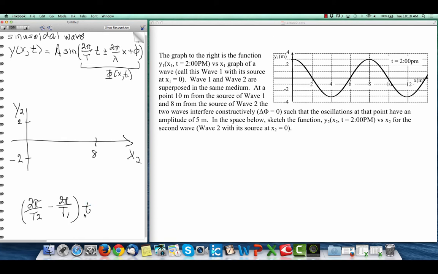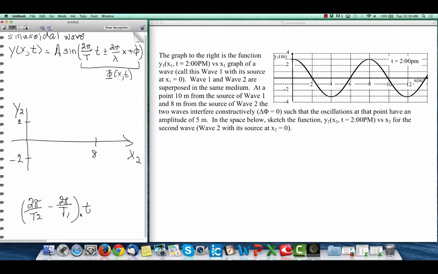Look at what happens to this piece of the phase chart. The difference between those two pieces will be a number that isn't 0 if they have different periods. If this isn't 0, then the difference in the phase is going to depend on time. That means sometimes it'll be constructive, sometimes destructive, later on constructive again, later on destructive. If it says delta phi is 0, what it means is delta phi is 0 for all time, and that is telling you that the two periods have to be the same.